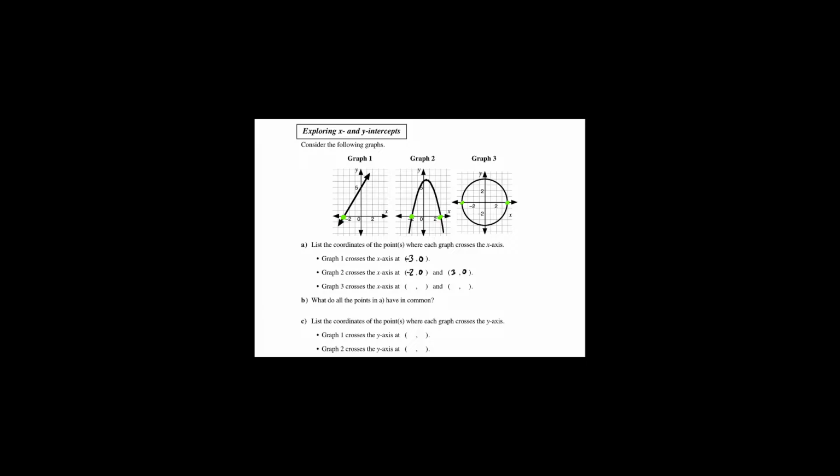And on the third graph, it's going to be -4, 0, and 4 and 0. Crosses in two places, and it says, what do all the points have in common in section A? Well, when we're determining where the graph crosses the x-axis, every time y will equal 0.